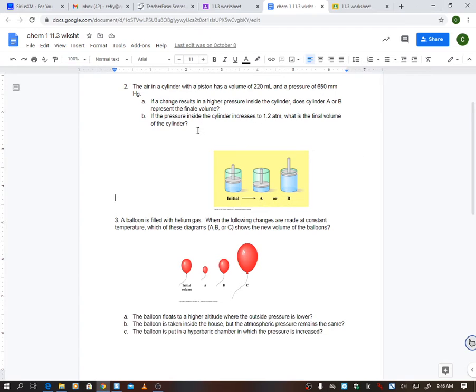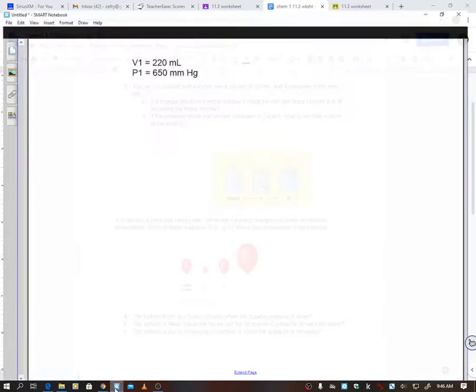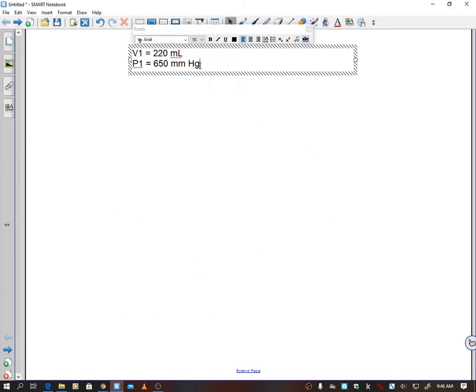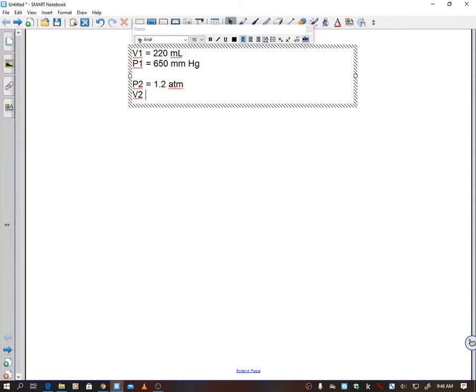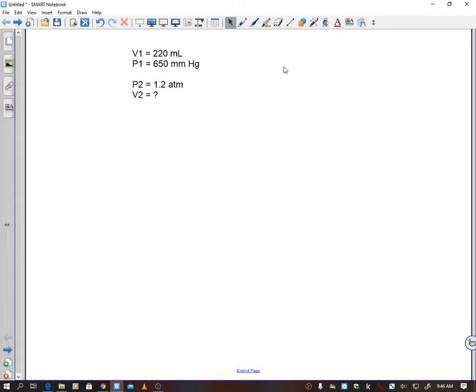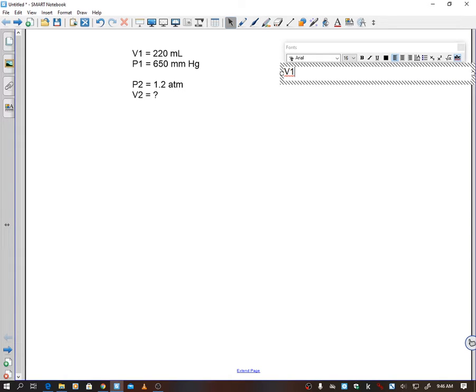Then down here on B, it gives me a new pressure. My P2 is 1.2 atm, and I'm looking for my new volume. I don't know what that is. So I'm going to use V1 times P1 equals V2 times P2.